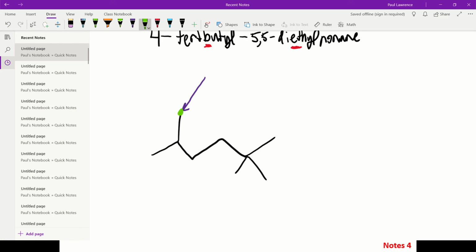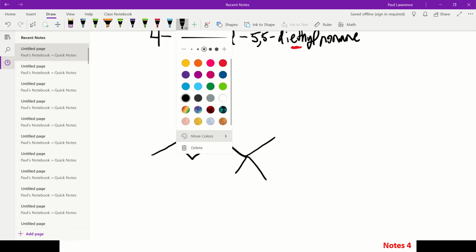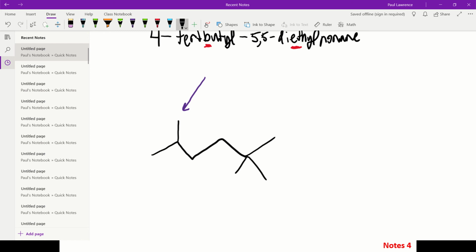And on that carbon right there, what do we actually have? Let's expand it out. We have a methyl group, right? So this carbon underlined in green is attached to 3 hydrogens and 1 other carbon. So this carbon right here is a primary carbon.